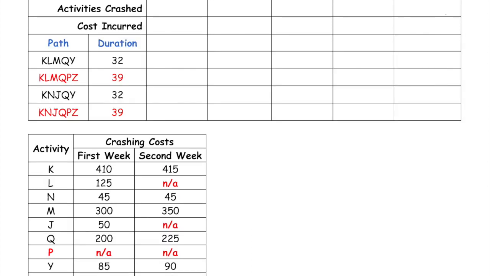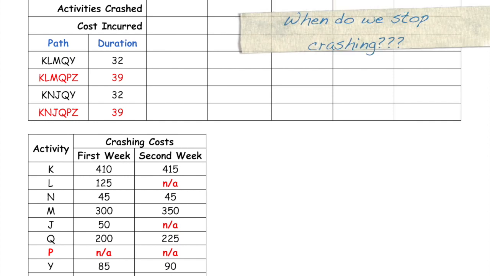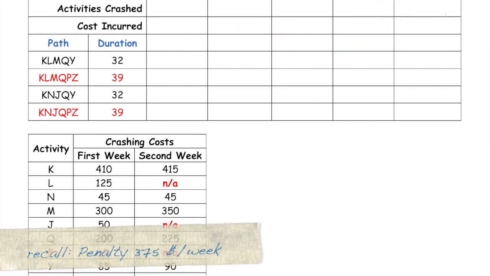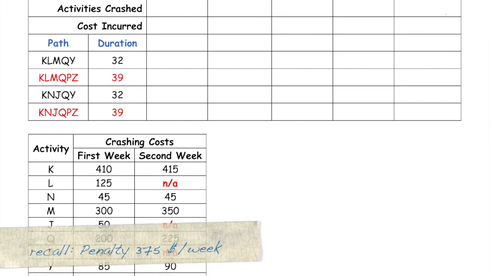So now that we have this iteration table set up and we understand how the cost slopes work, the final thing I want to talk about before we tackle this problem is to know when it is that we're going to stop accelerating this particular project. In this example, we are told that the project has a deadline of 32 weeks and that the firm is faced with a penalty of $375 for every week that the project is delayed.